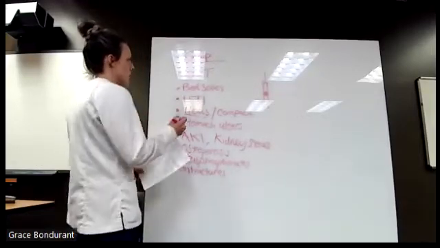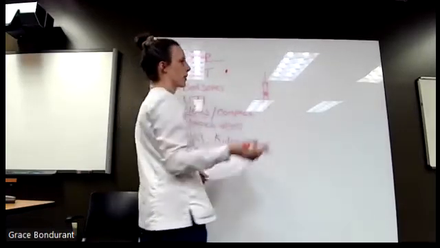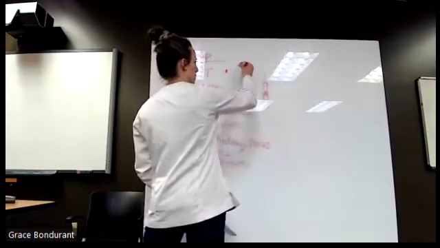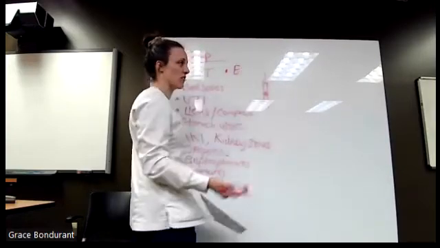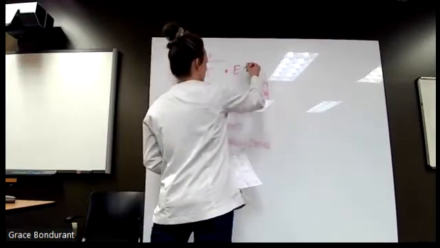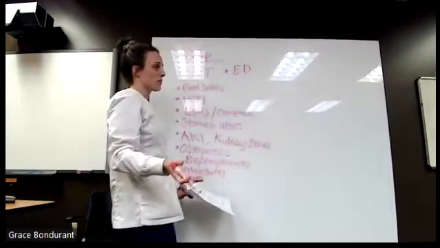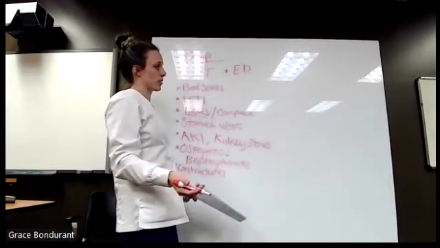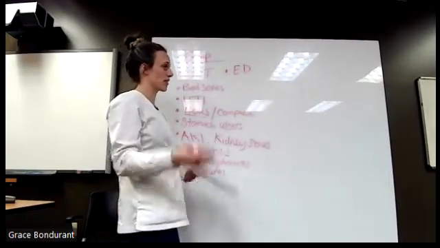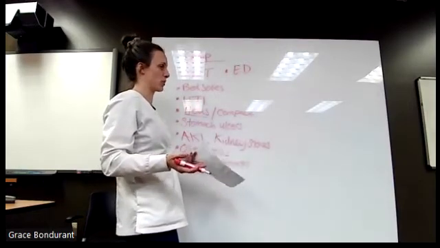And then the last complication would be sexual. Like erectile dysfunction, right? Because that has to do with sensory. If you don't feel anything, nothing's going to happen, right? And also, women that have a spinal cord injury can still get pregnant, right? There's nothing to prevent them from getting pregnant just because you have a spinal cord injury.